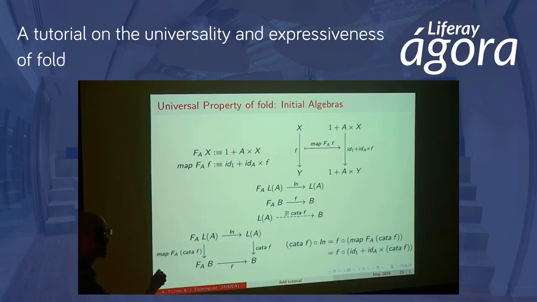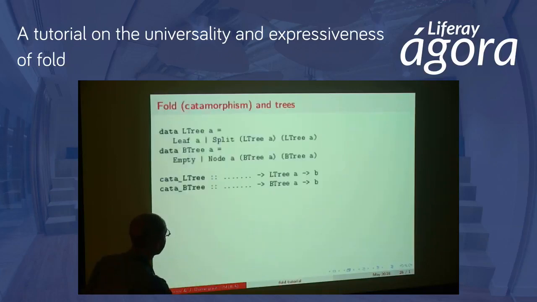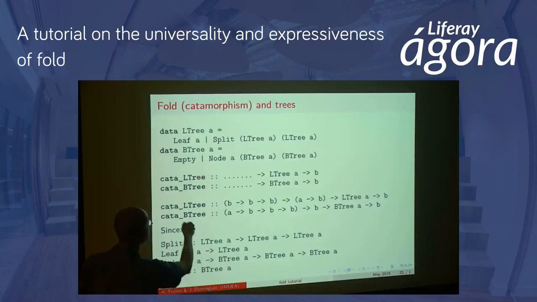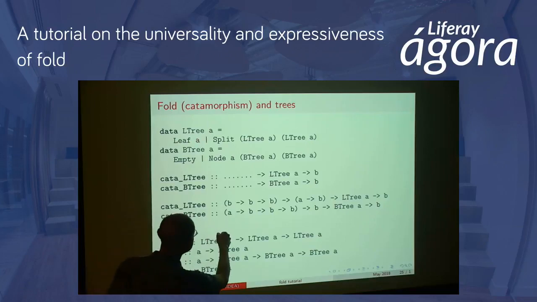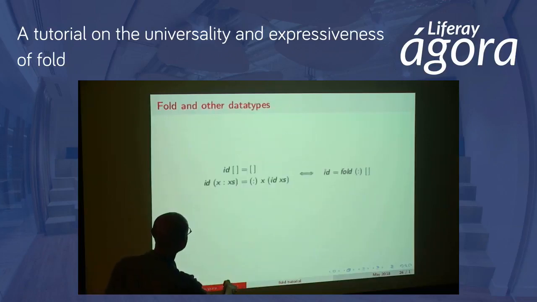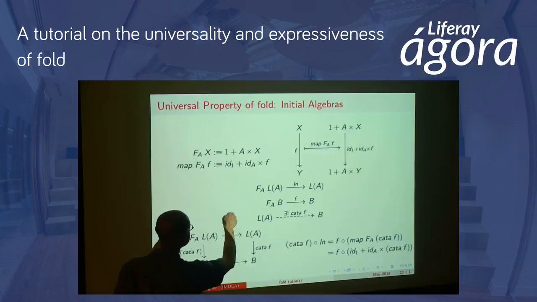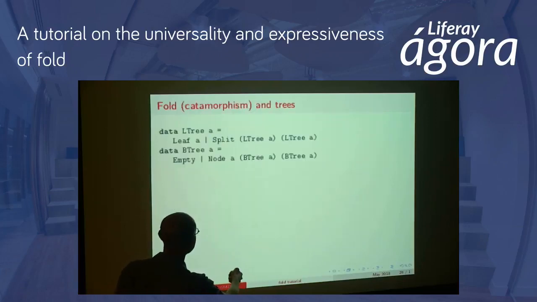So for example, let's say the leaf trees. What is the functor for leaf trees? Since it has a constructor that builds a leaf using some element in A, one of the branches in the functor will be, instead of 1, A here.